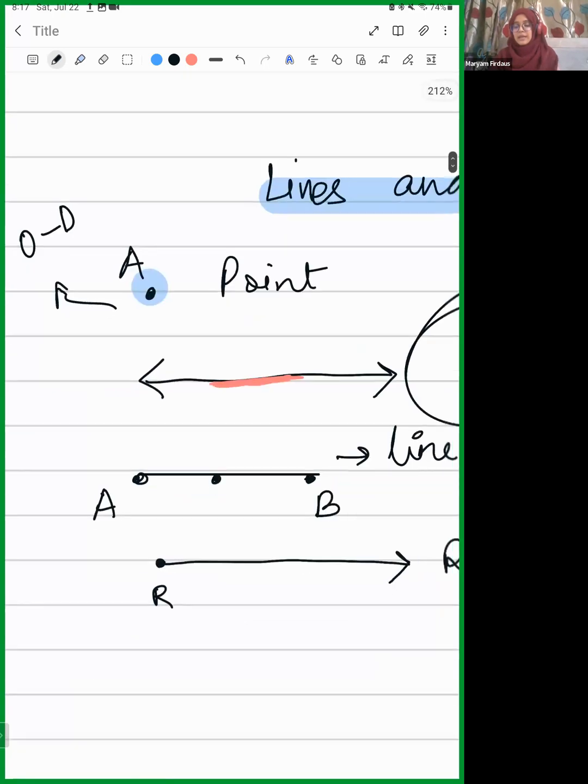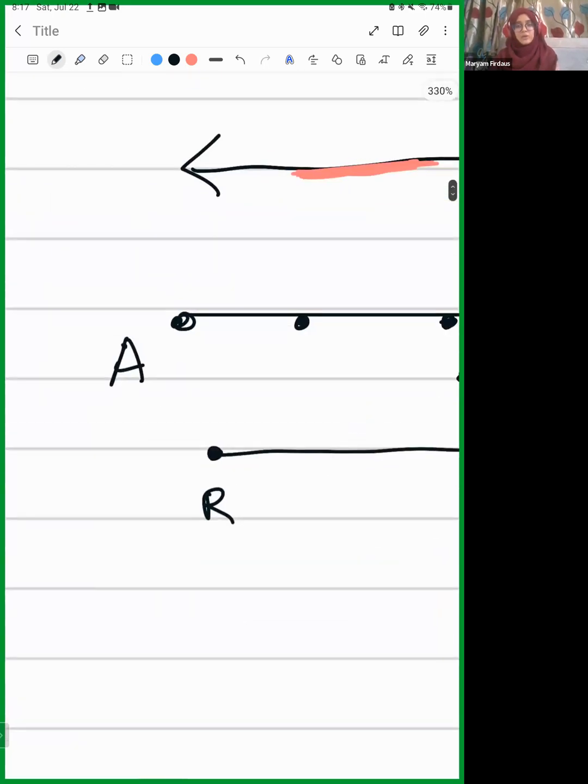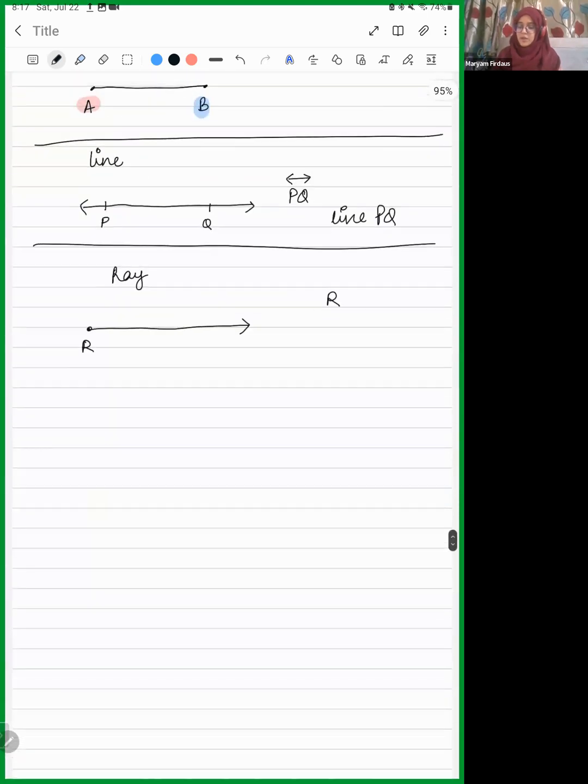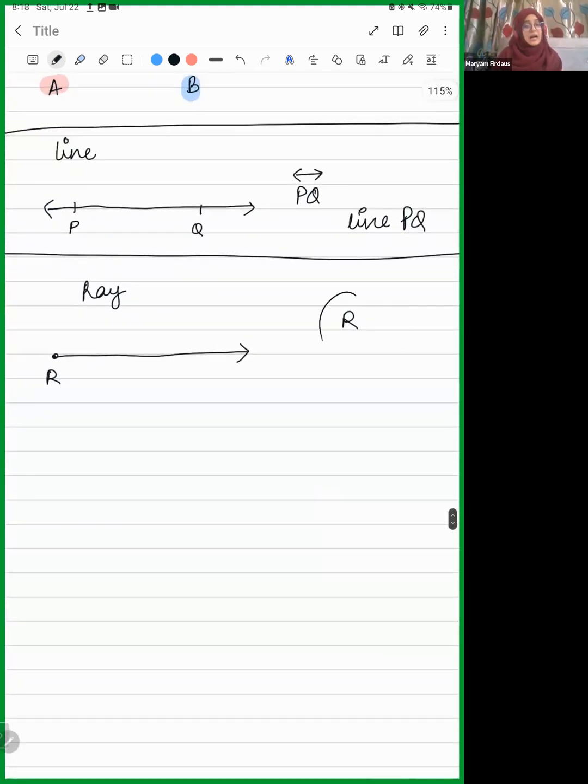This A is the name of a point that is on that line. See, that point is not going to be so huge. I just made this circle to show you which point I am talking about. So if you just say R, it is not the name of a ray.